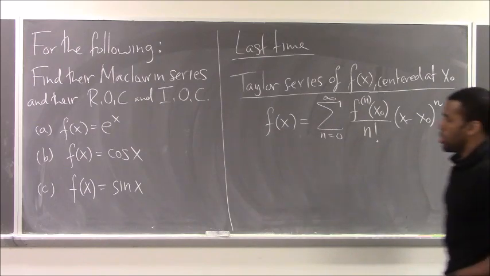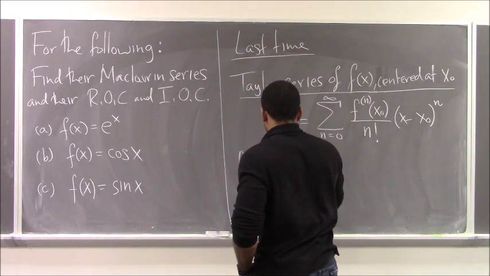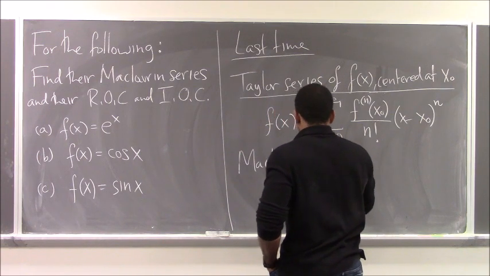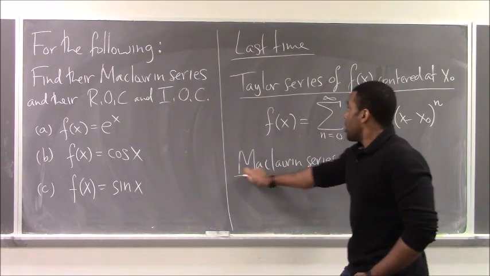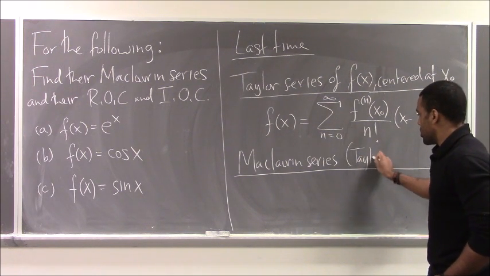We also spoke about something called the Maclaurin series, which is what I asked you about here. The only thing that a Maclaurin series is, is really just a Taylor series centered at 0.